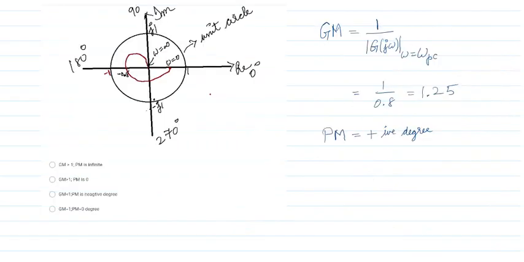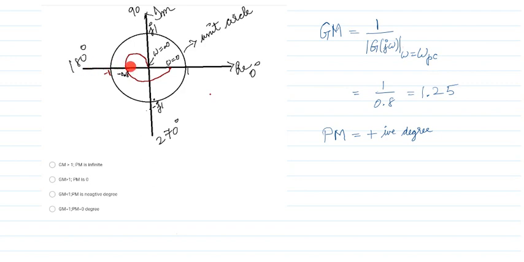Now come to this problem. For the given polar plot, they are asking what the gain margin is. We know gain margin is 1 by the magnitude at the phase crossover frequency. This is the phase crossover frequency, because the polar plot is cutting the real axis, that is 180 degree.